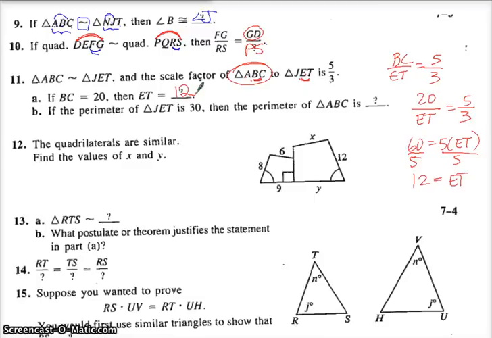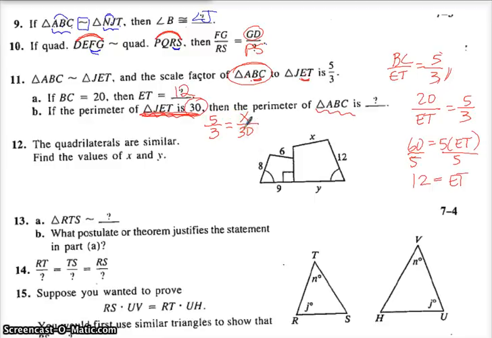If the perimeter of triangle JET is 30, then what is the perimeter of triangle ABC? Okay, well, do we have to know all 3 side lengths? No, because they still have this dimensional relationship, because perimeter is just the side lengths added together. So we would say 5 is to 3, as we don't know the perimeter of ABC, but we do know the perimeter of JET.